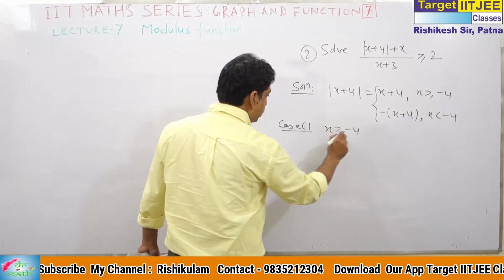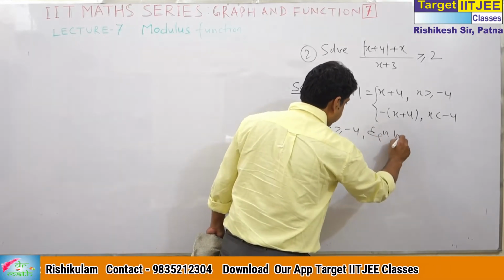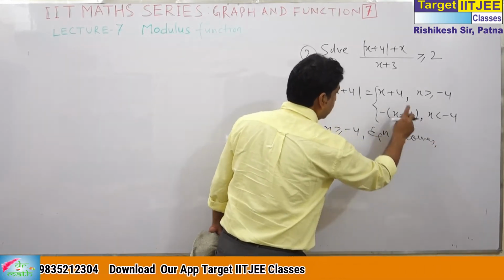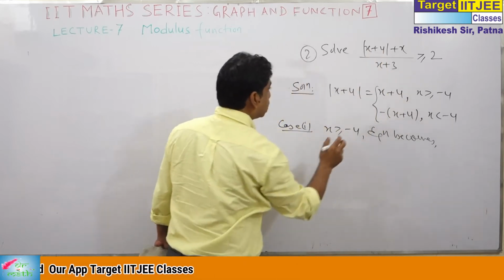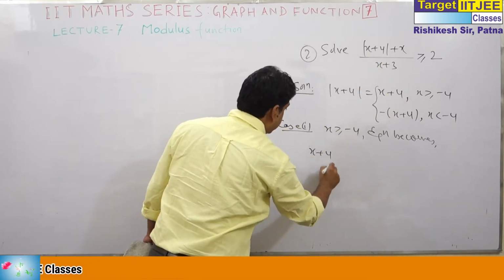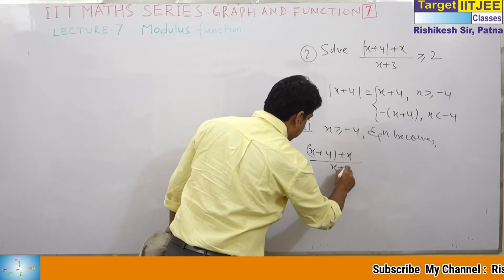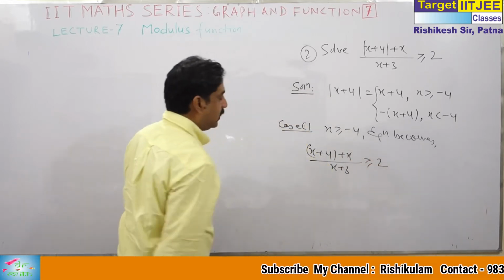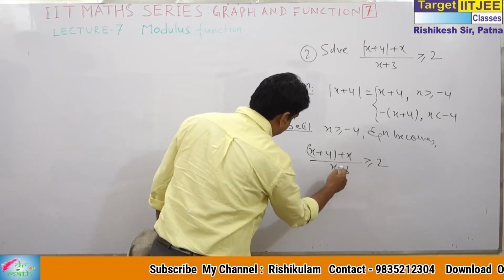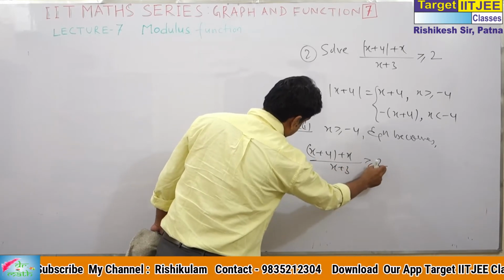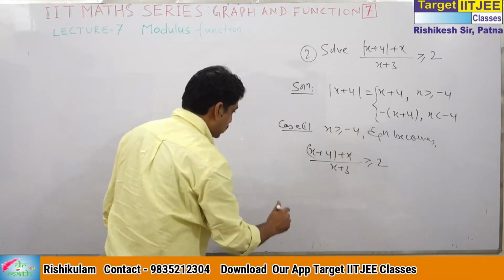Case 1, when x is greater than or equal to minus 4. The equation becomes x + 4 + x/(x + 3) ≥ 2. We cannot cross-multiply because we do not know whether x + 3 is positive or negative.